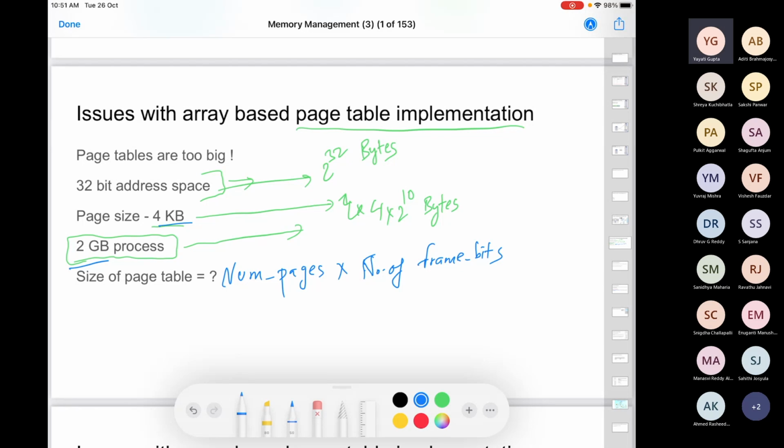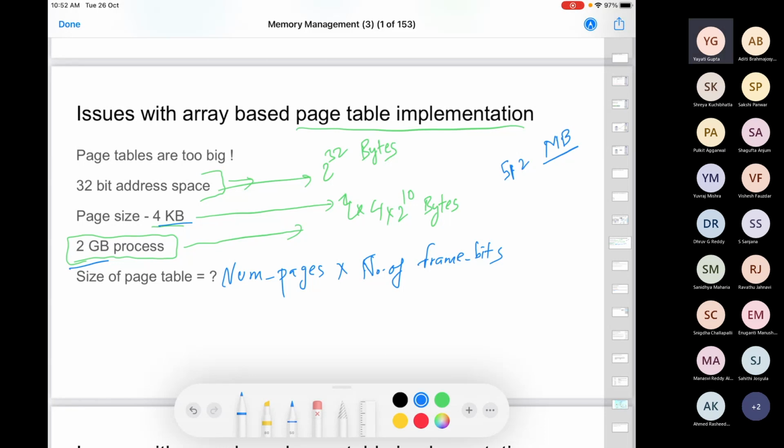How much? Can you approximate it? That will be helpful. So can you tell me in megabytes, let's say? 500 megabytes. 512.